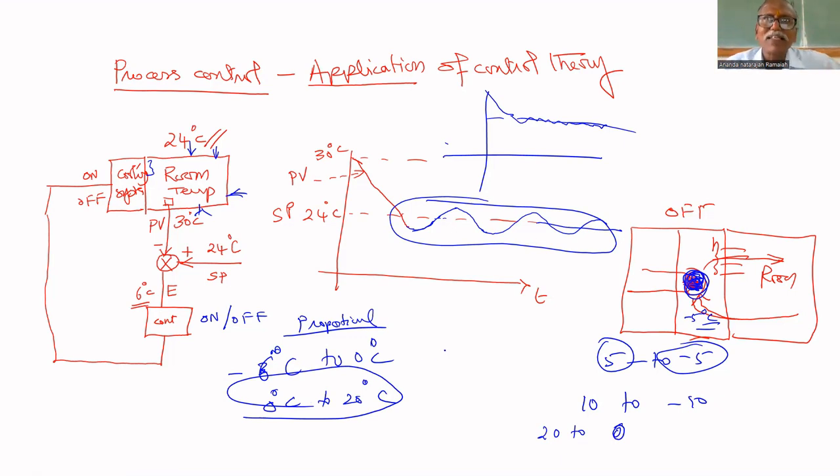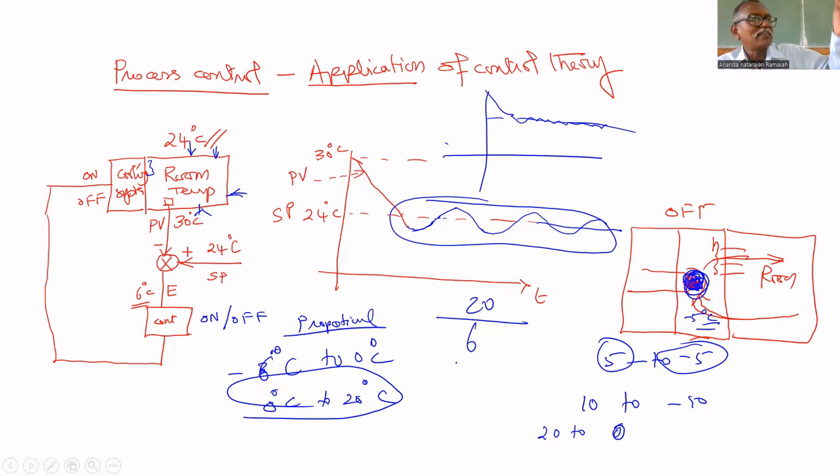Proportional to error. What is the controller gain? Error is 6 degrees. The change in cooling element temperature is 20 degrees. 20 divided by 6, how much? 3 point something. 3.66. Am I correct or not? So, if error is 1 degree, the temperature will be 3.66 degrees less than 24 degrees centigrade.